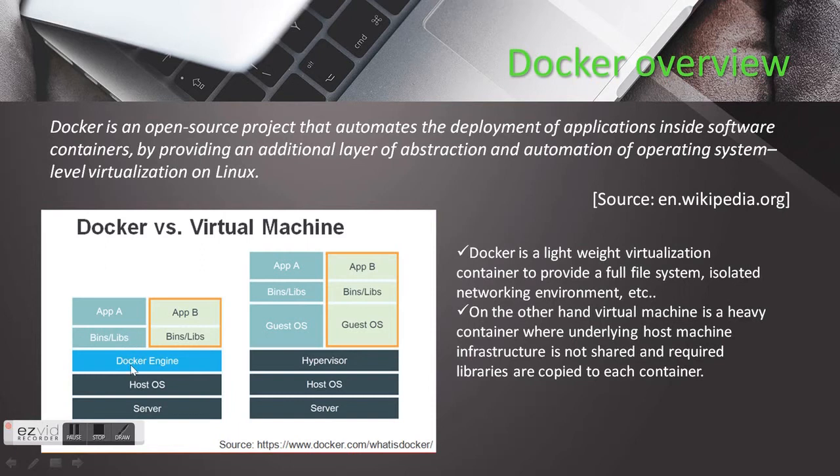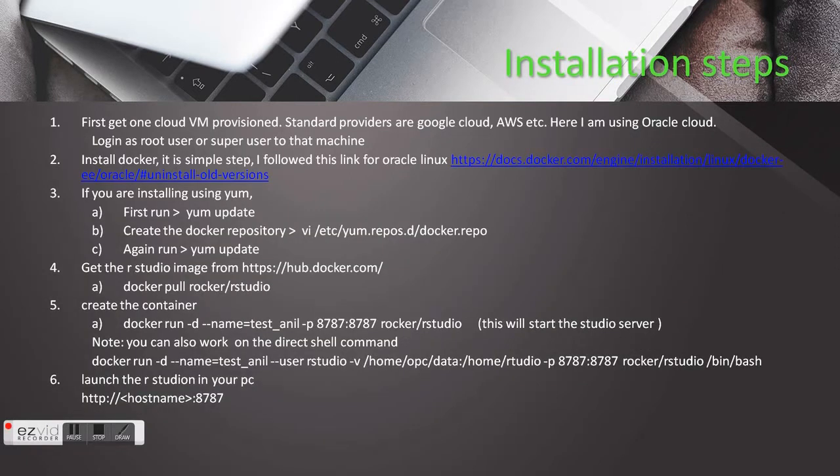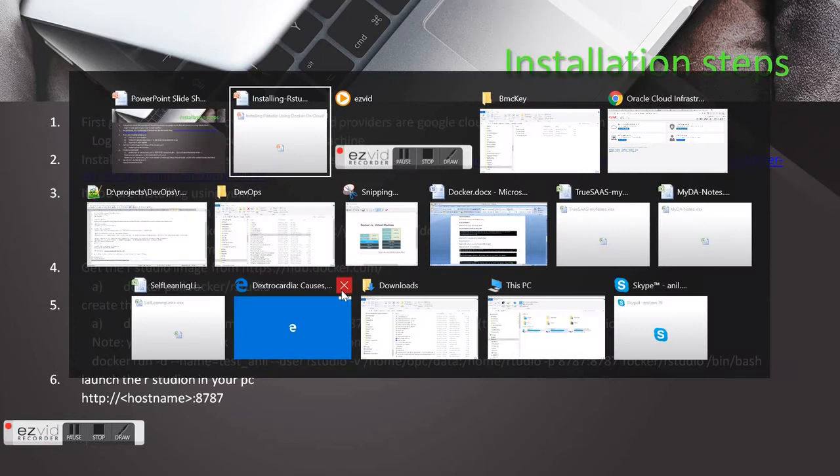And the same thing you can see on the diagram is that in case of Docker, your libraries are shared, and rather than directly interacting with the host machine, the interaction of the resources always happens using a Docker engine. On the other hand, in case of virtual machine, these libraries are copied to each and every container. So that's it. If you wanted to know more about Docker basic commands, you can go to Google and type Docker basic commands, and you will come to know that.